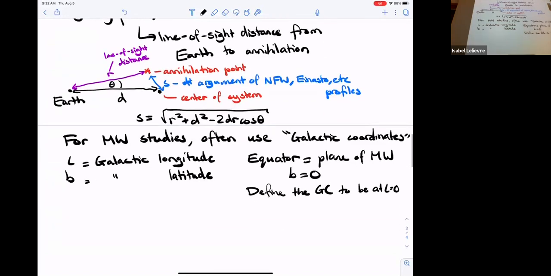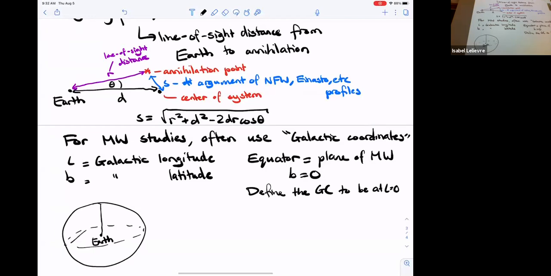If we view the sky as a sphere with the Earth at the center, here's the North Pole, here's the galactic plane and the equator surrounding the Earth.